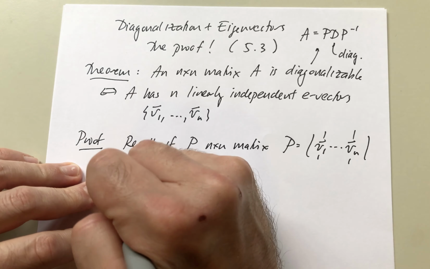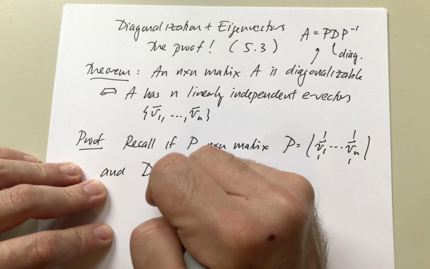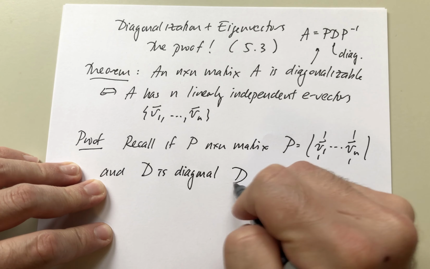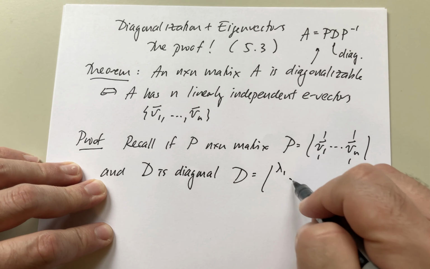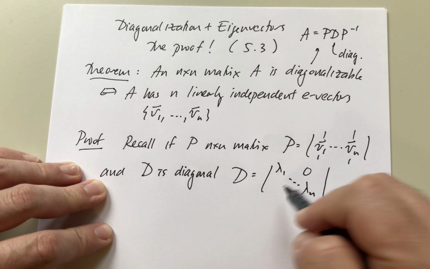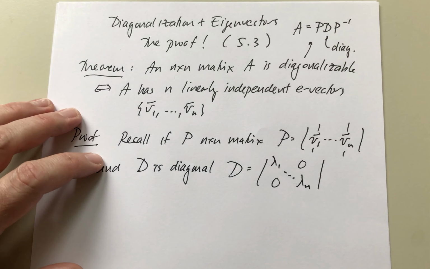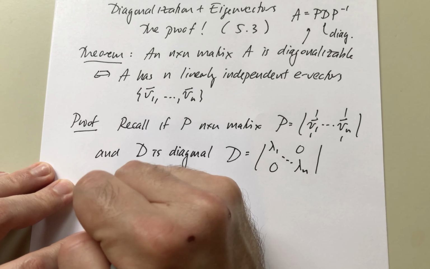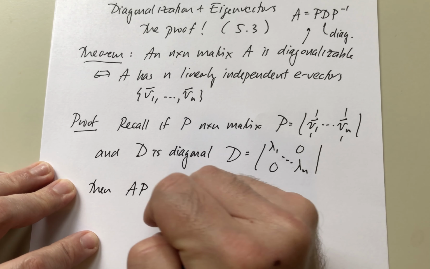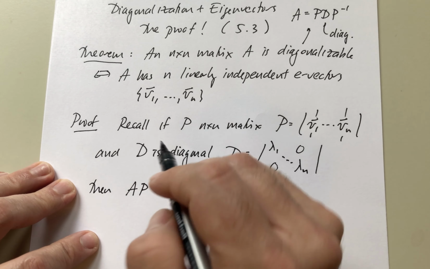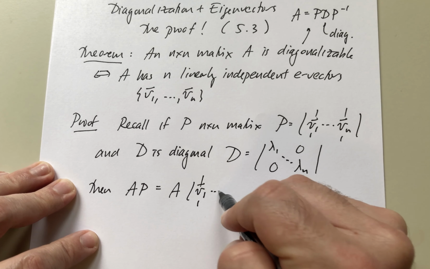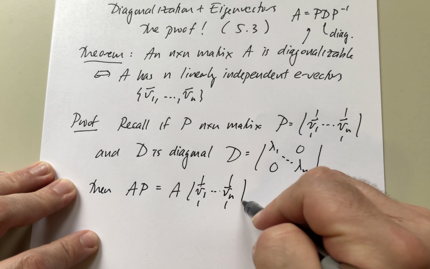And if D is a diagonal matrix, again, just think of this as an arbitrary diagonal matrix. Later its entries are going to have something to do with eigenvalues, but for now it's just a diagonal matrix. Then if you take A times P, well, P has this form here.